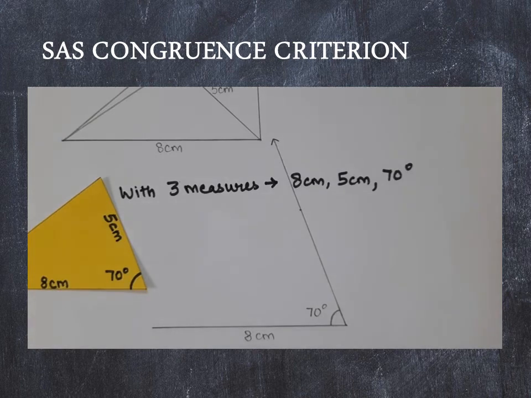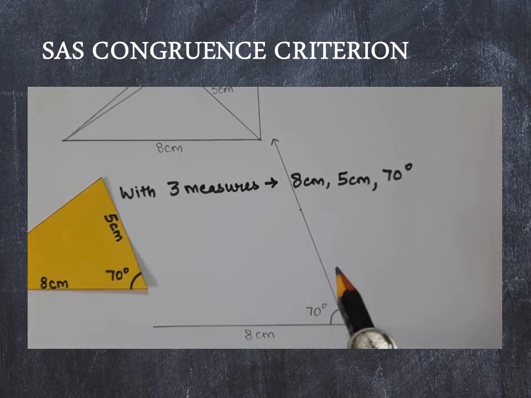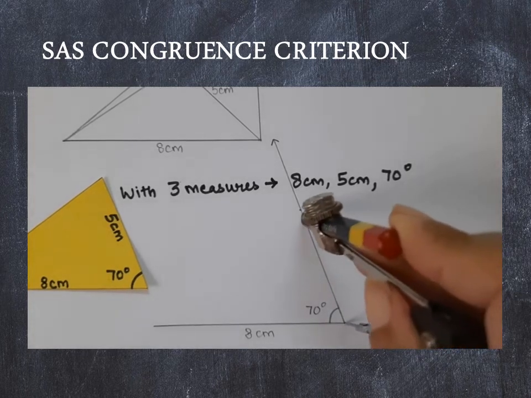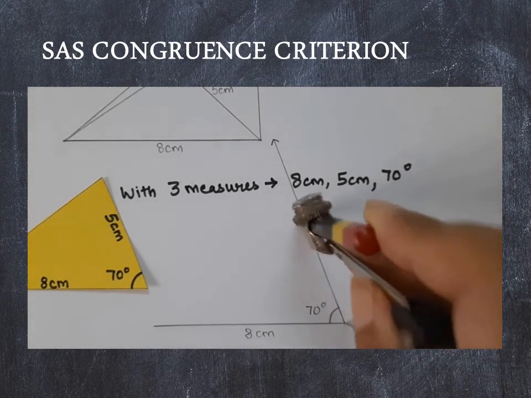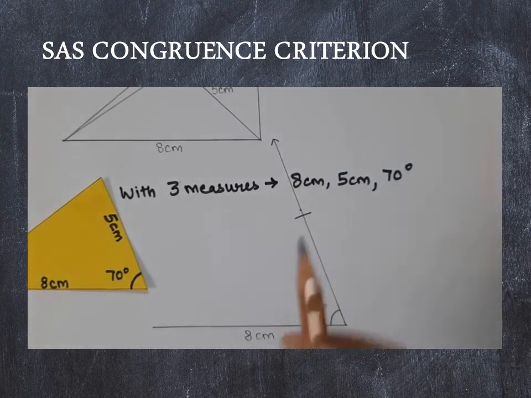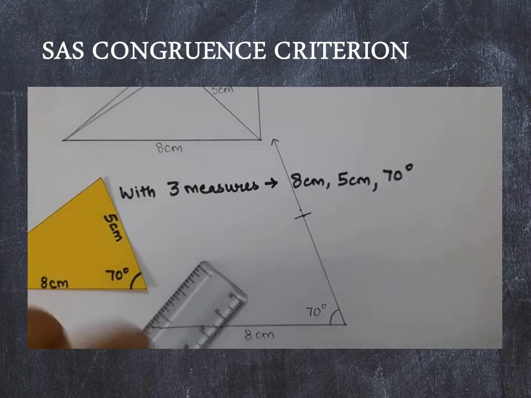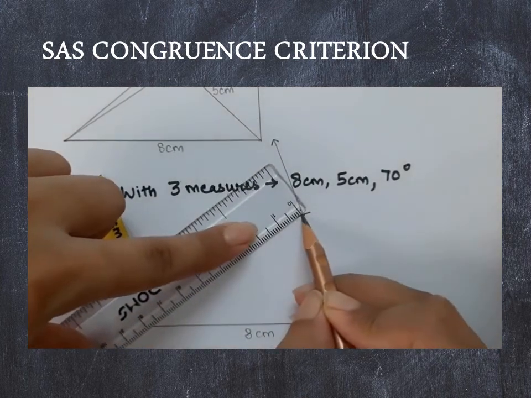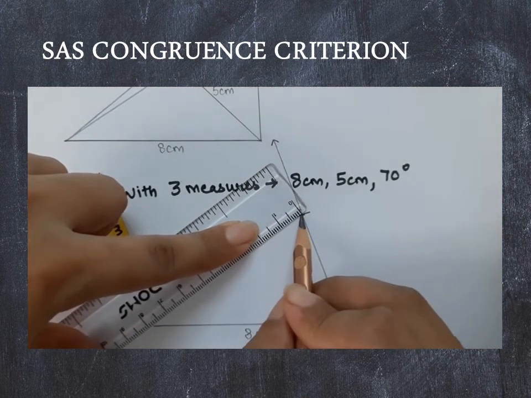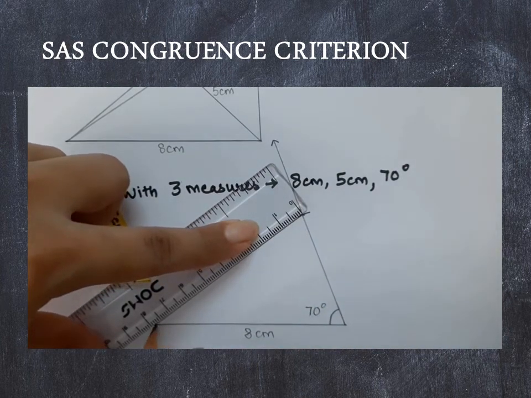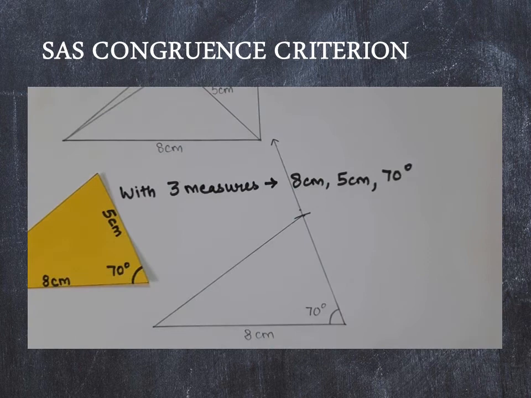So the compass opening should be 5 centimeter in this case. We place the pointer at the vertex which is already known to us, and then put an arc here. So here we get the third vertex of the triangle, and we'll join this vertex to the first one. This gives us the triangle.